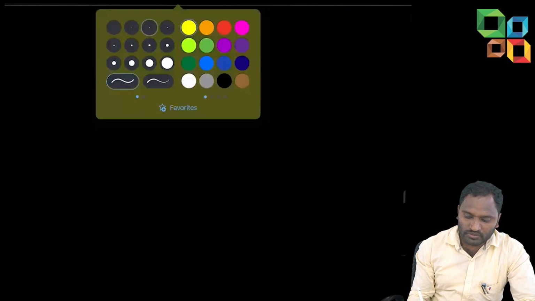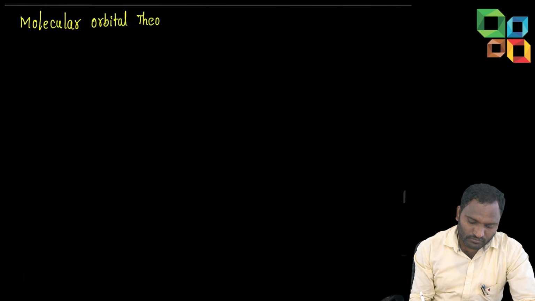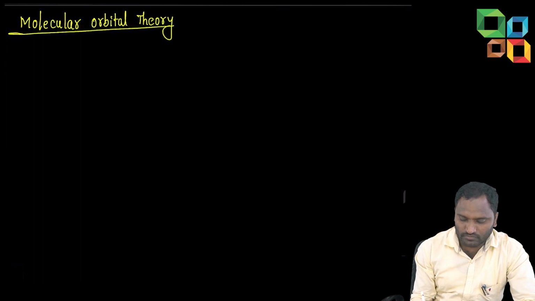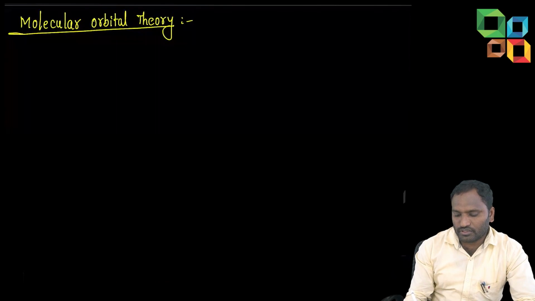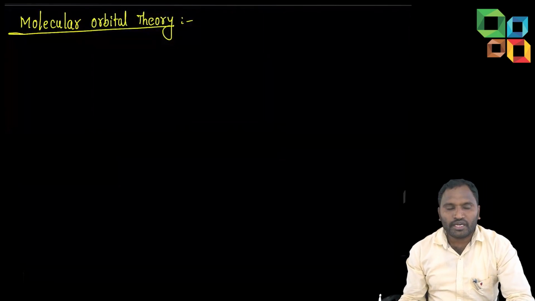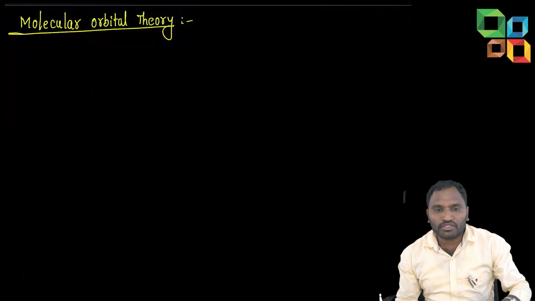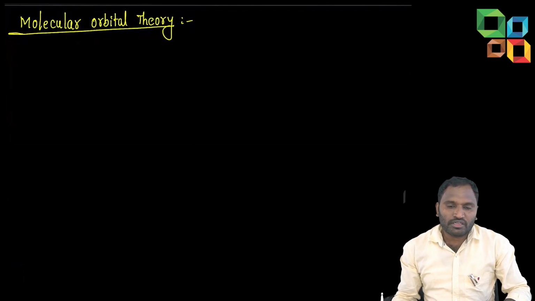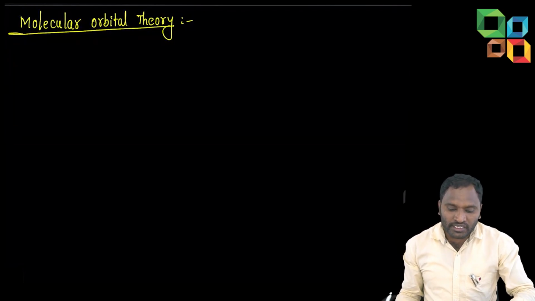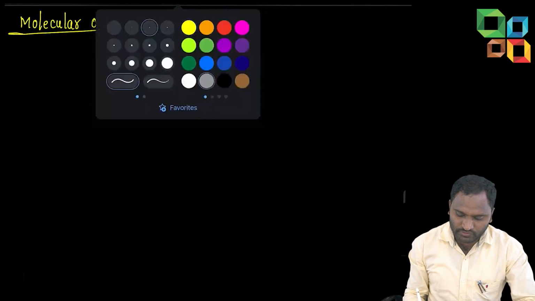Chemical bonding. The last concept is molecular orbital theory, and it is very, very important also. According to this theory and this molecular orbital property, everything is somewhat clearly explained by LCAO.